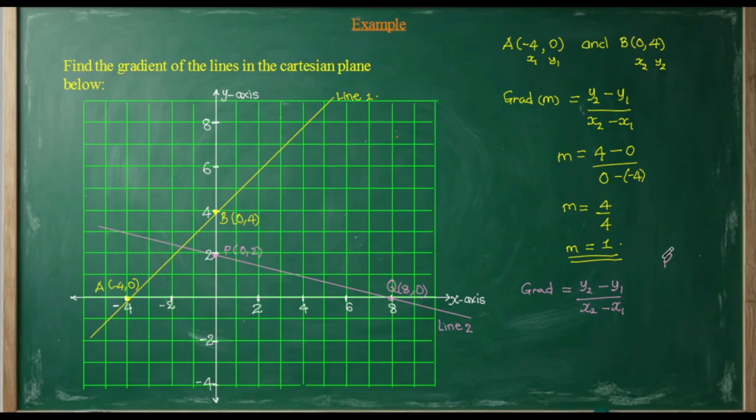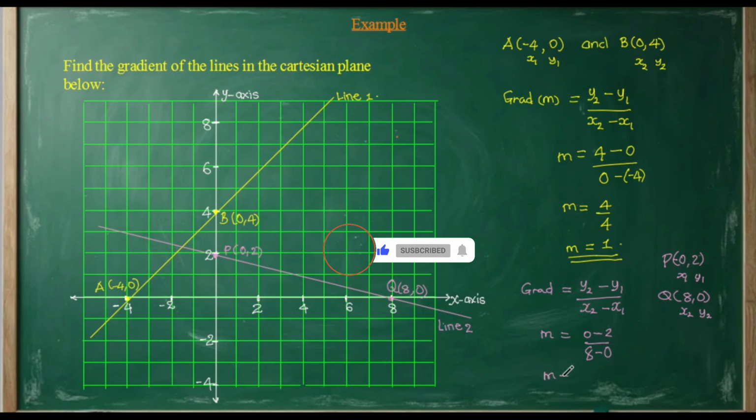Here P is having coordinates of 0, 2. We can let it to be x1 and y1. And then Q, the coordinates of 8 and 0, will have x2, y2. Now when we substitute here, our gradient m is given by y2 is 0 minus y1 is 2, then x2 is 8 minus x1, that is 0.